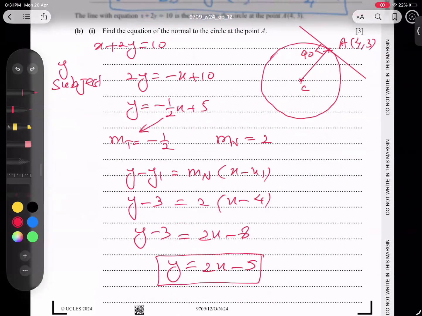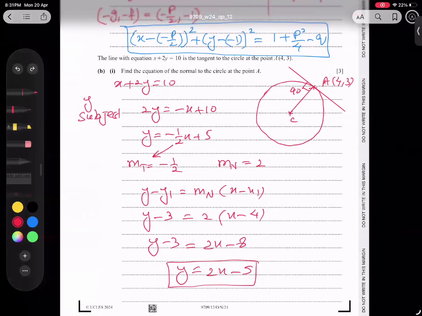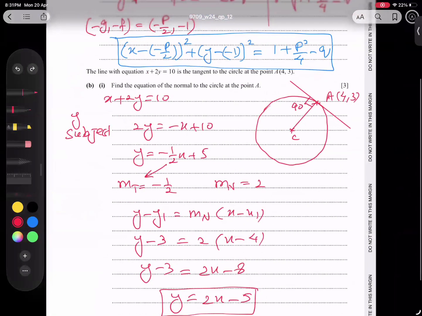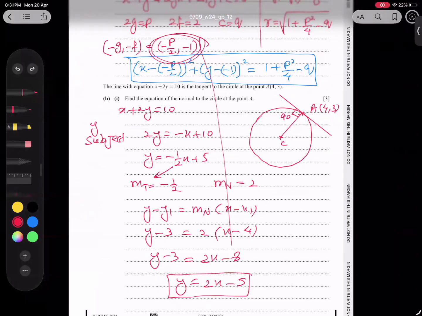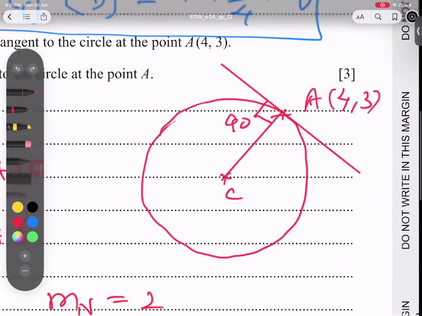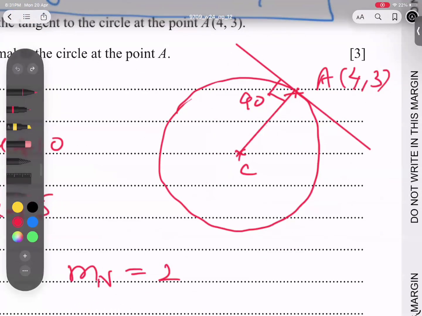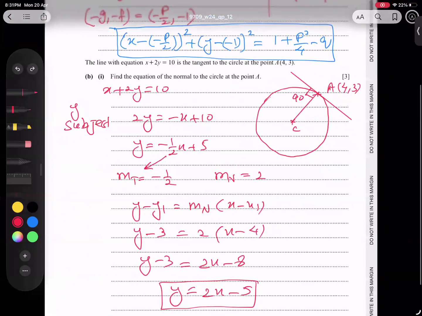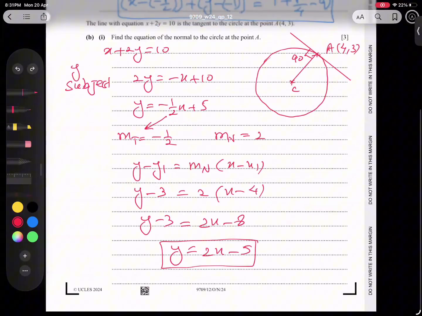One more important point: the center of the circle lies on it. Repeat my words: the center of the circle lies on the equation of the normal. This is the equation of the tangent, students, and this is the equation of the normal. If I extend further, the center of the circle lies on the normal. So I can say here, I'm going to take this equation.